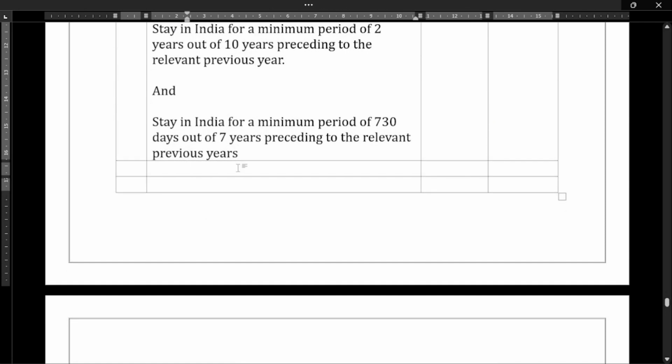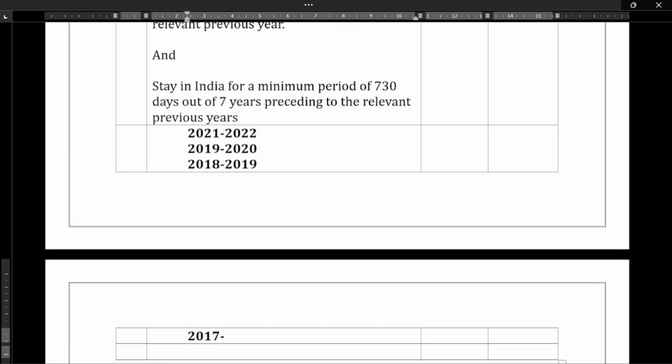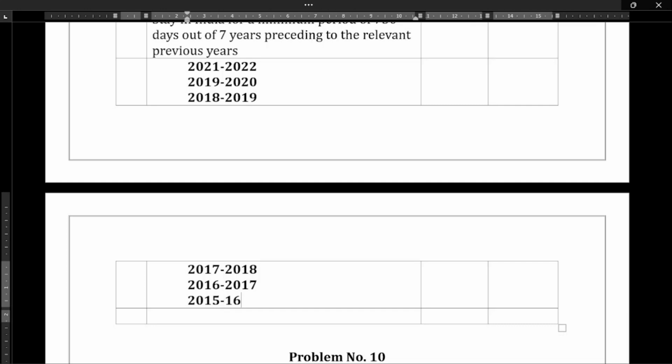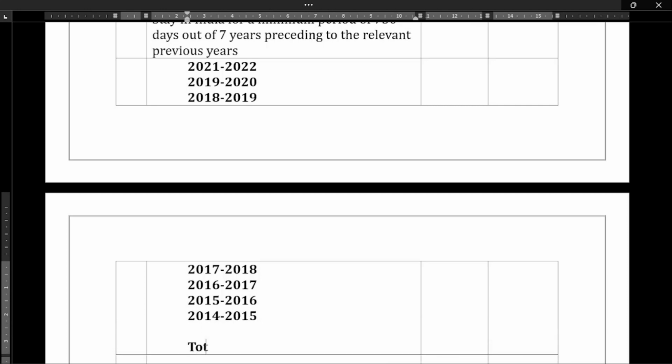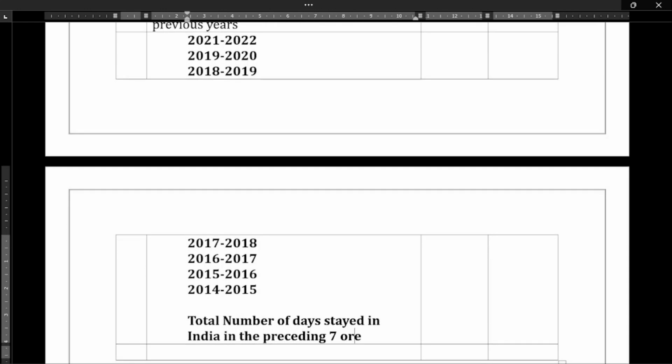Now let us start making the tabular representation. We have to start from 2021-22, 2019-20, 2018-2019, 2017-2018, 2016-2017, 2015-2016, 2014-2015. So after this, put a row, total number of days stayed in India in the preceding 7 previous years.